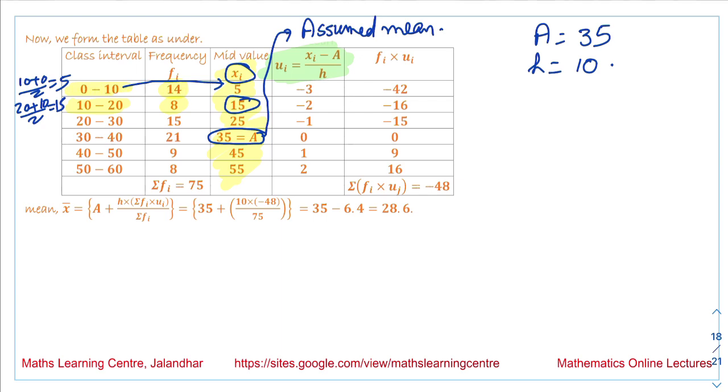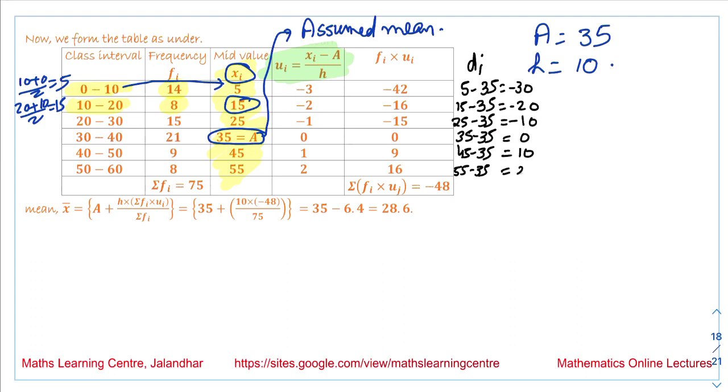You can directly write this, or you can first write the value of di, which will be 5 minus 35, 15 minus 35, 25 minus 35, 35 minus 35, 45 minus 35, and 55 minus 35. The answers are minus 30, minus 20, minus 10, 0, 10 and 20.